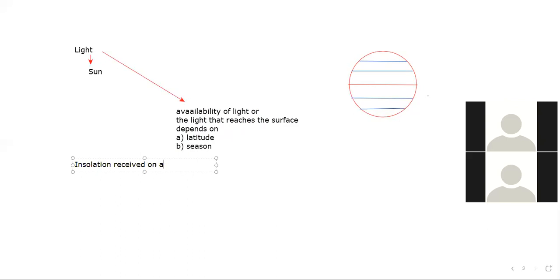Insolation received on all latitudes is not the same at a particular point of time.